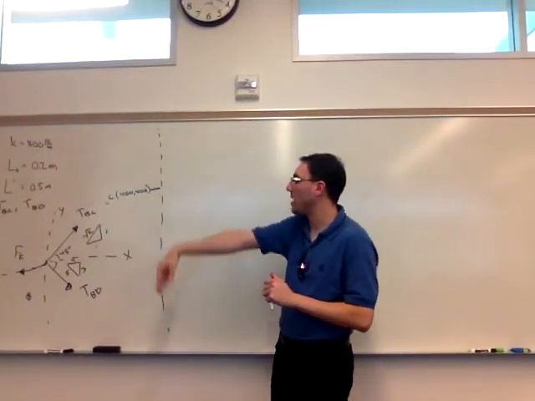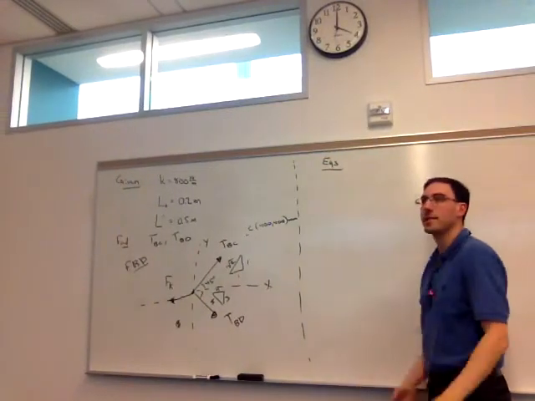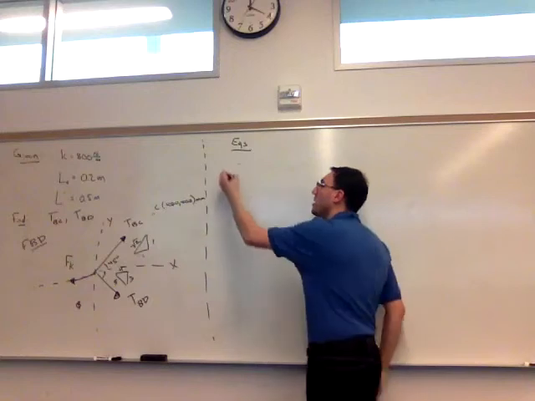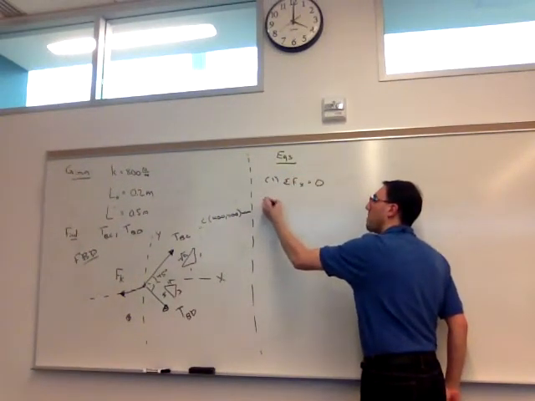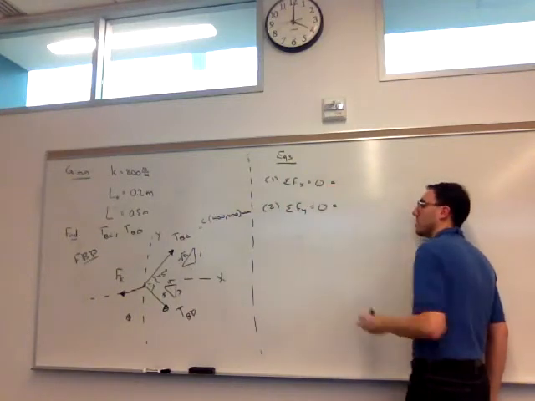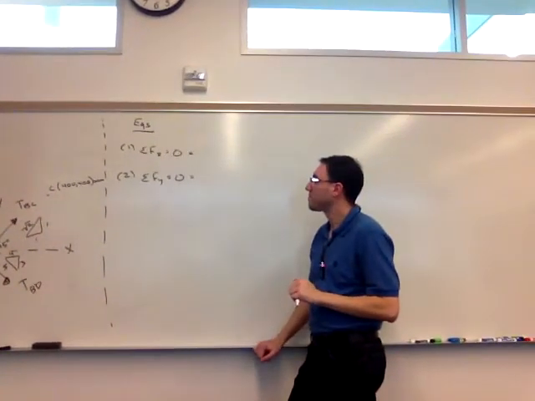All right, so moving on, we're done with the free body diagram step. We have our equation step. In this case, we either assessed or were told that we're in equilibrium, so we may write that the sum of forces x is 0, and the sum of forces y will be 0. That's true because we're in equilibrium.